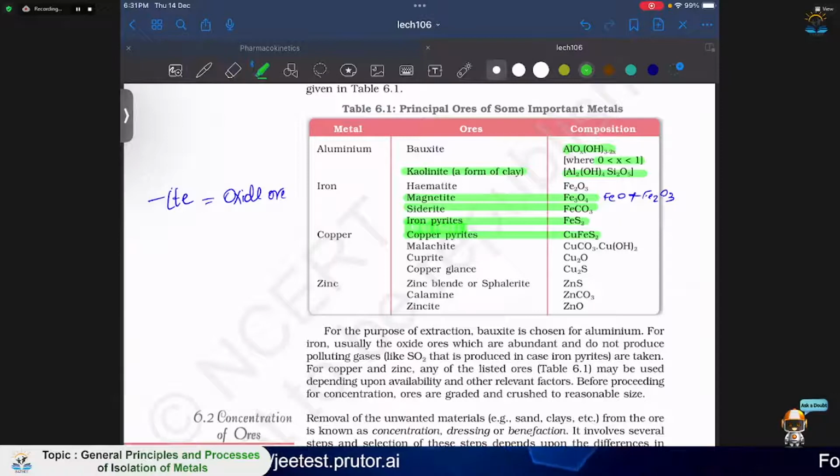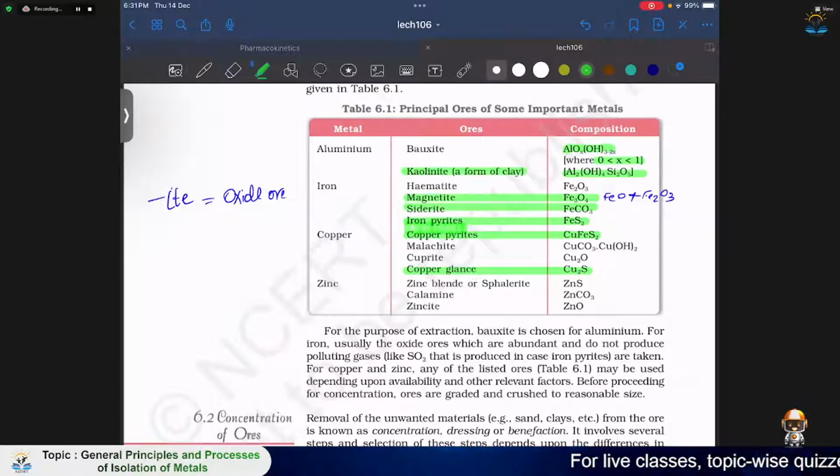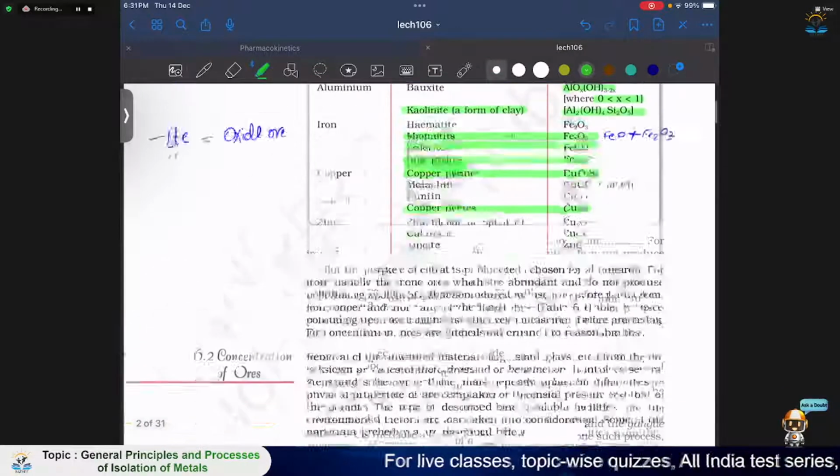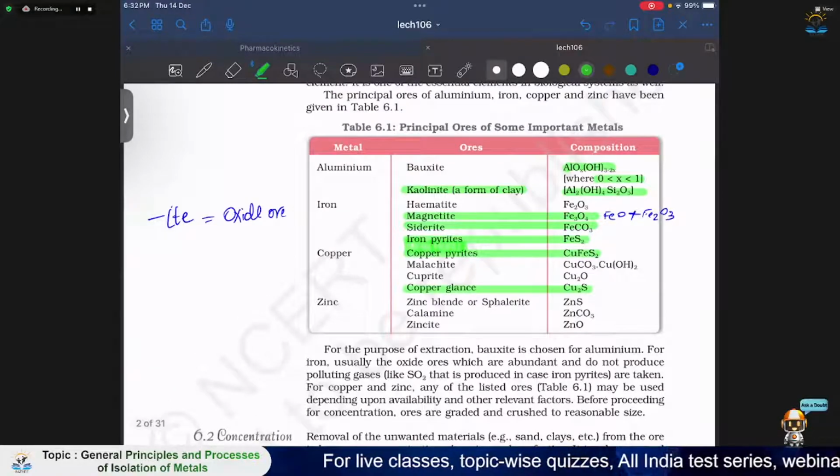Copper glance, you might forget, is Cu2S. Zinc blende is the most common form of zinc, also known as sphalerite. It is ZnS. Calamine is ZnCO3. Zincite is ZnO. You may take a screenshot of this if you want.